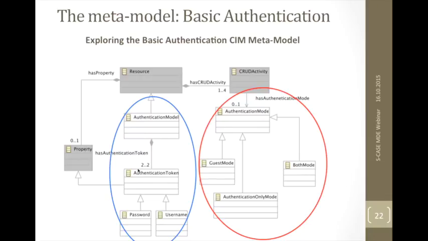The first one has you pick one of your CRUD resources to be your authentication model for your service. That means that two properties of that resource are going to be used as authentication tokens, that is, as a username and as a password.